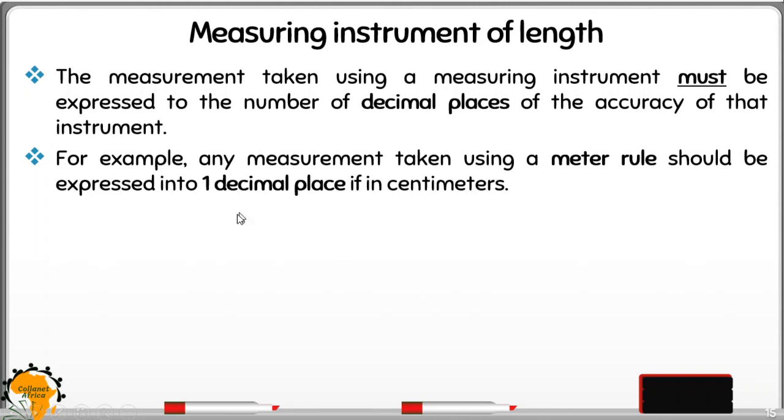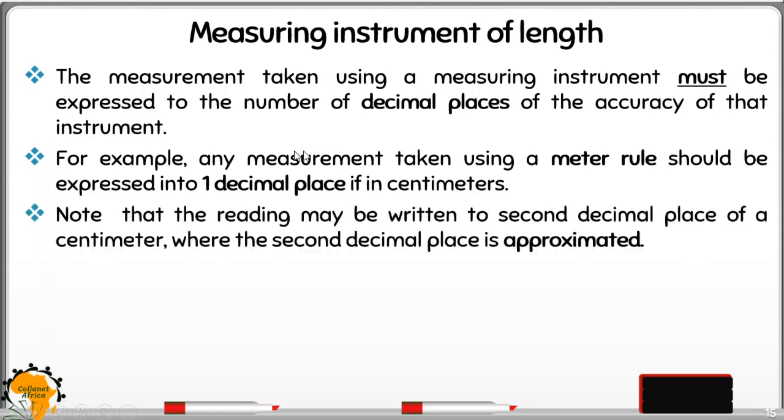So it implies that the readings you get from a meter rule should be to 1 decimal place, because accuracy is the smallest unit that can be accurately measured using your measuring instrument. So for a meter rule, it is 0.1 centimeter. Therefore, we use 1 decimal place.